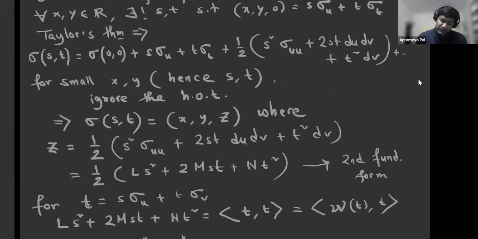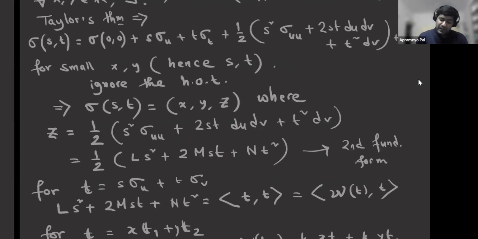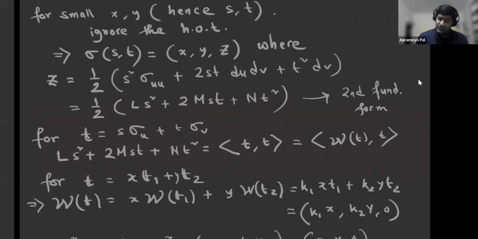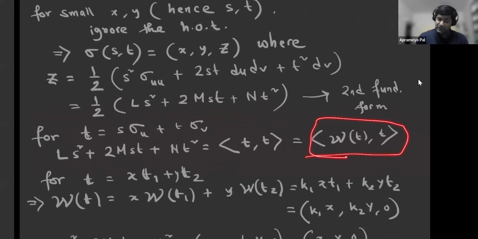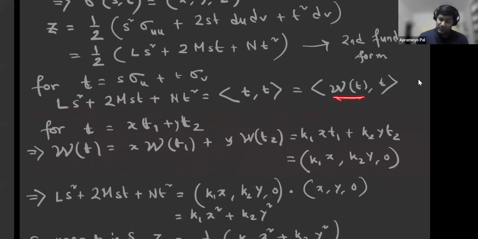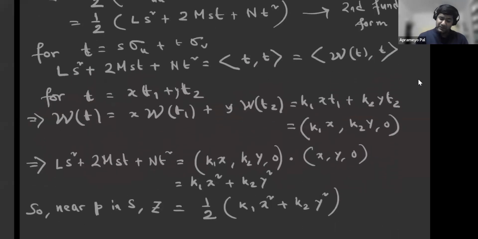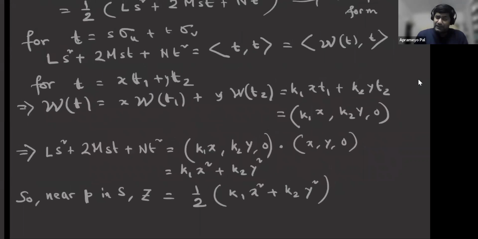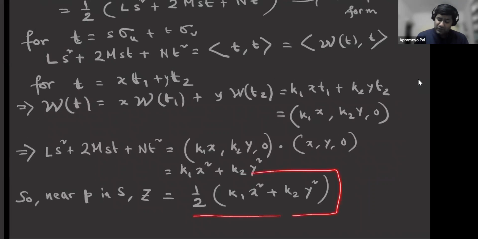Here we have found that z is half of the second fundamental form, and the second fundamental form is given by the inner product of the Weingarten map with T. We have written W(T) in terms of this, and taking the dot product, this is what you find.